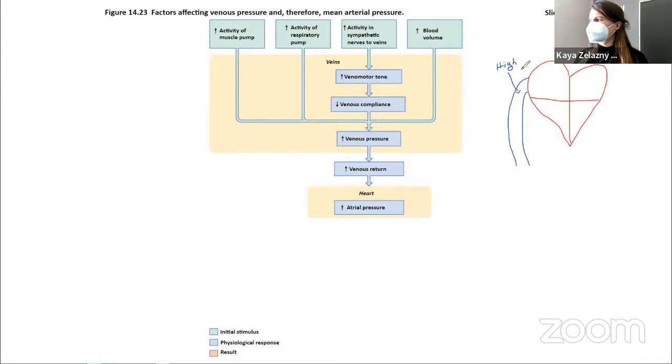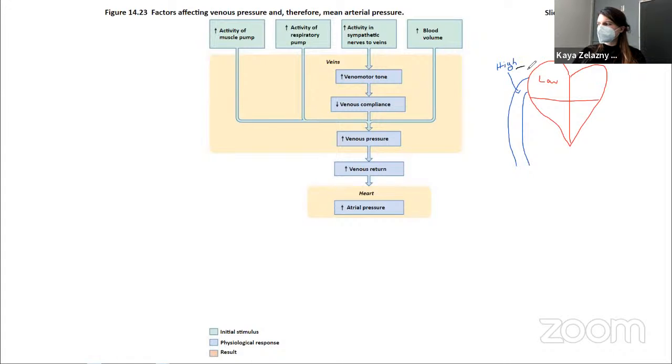And when the heart is relaxed, right? So in diastole, and the heart is about ready to start filling, beginning, we have low pressure in the atria.